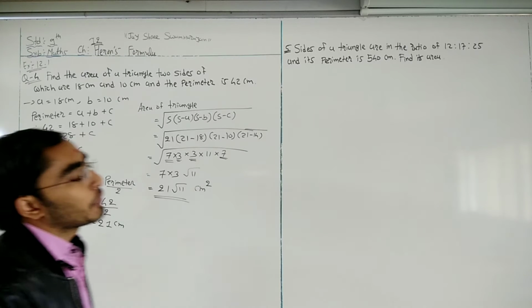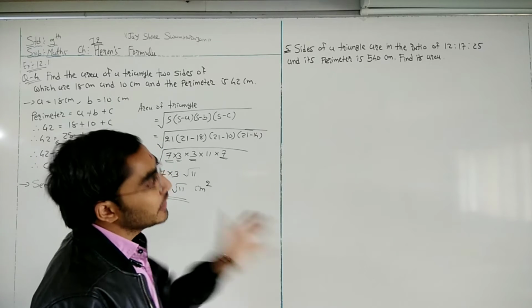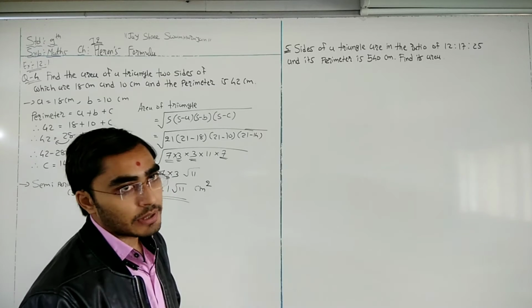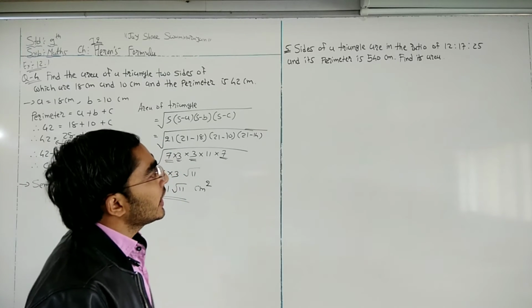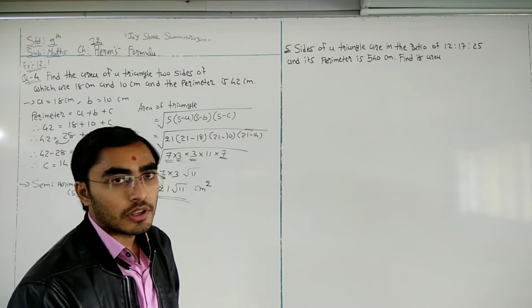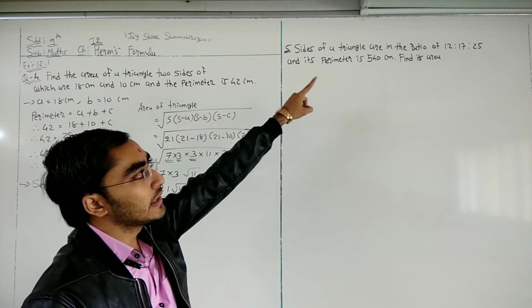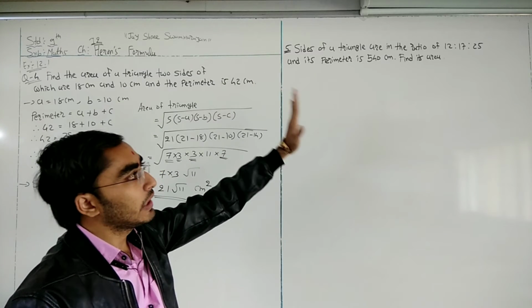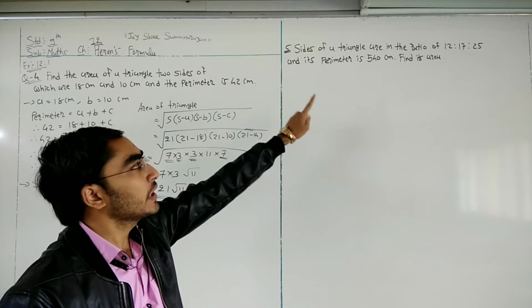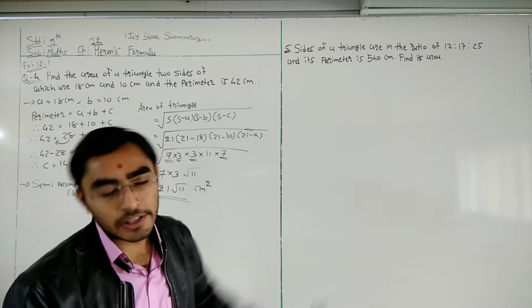Sides of a triangle are in the ratio of 12 : 17 : 25, and its perimeter is 540 centimeter. Find its area.